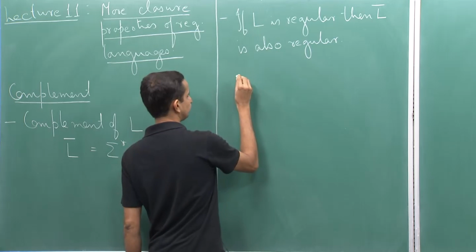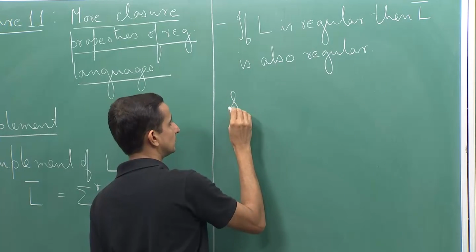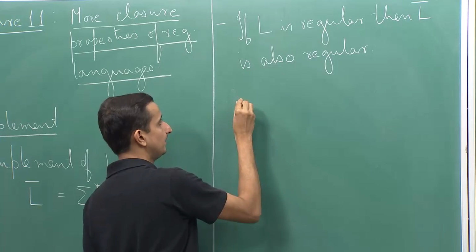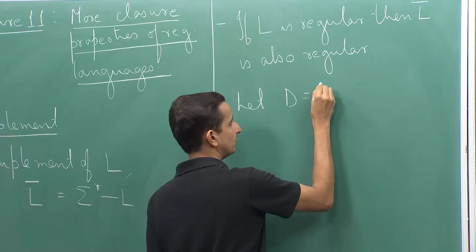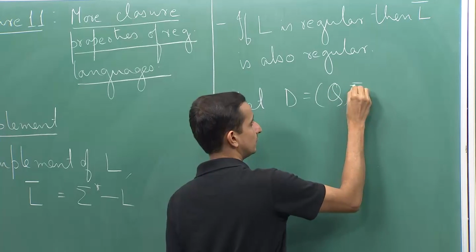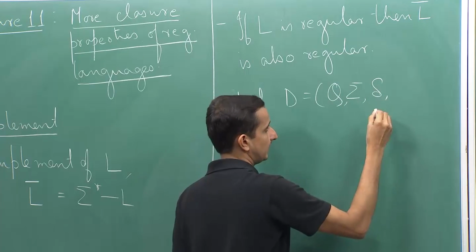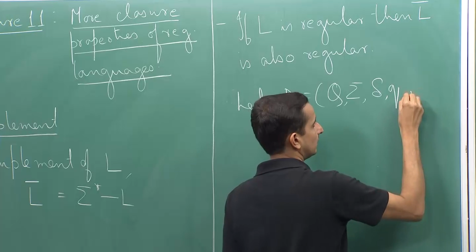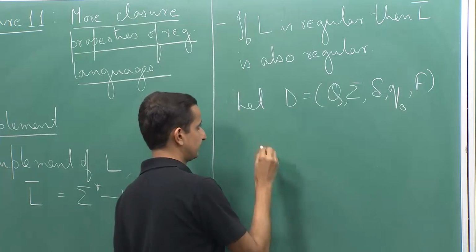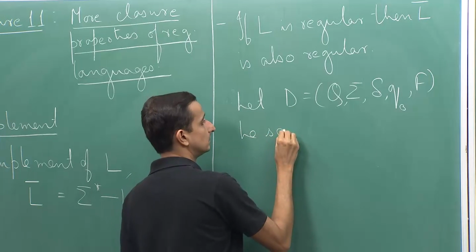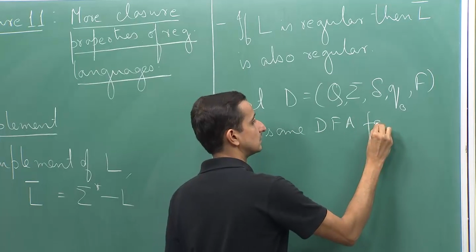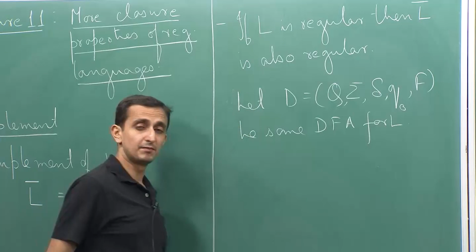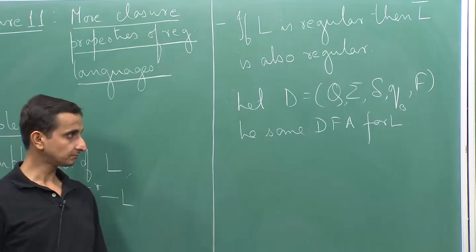So, since L is regular, let D equals (Q, sigma, delta, q0, F) be some DFA for the language L.